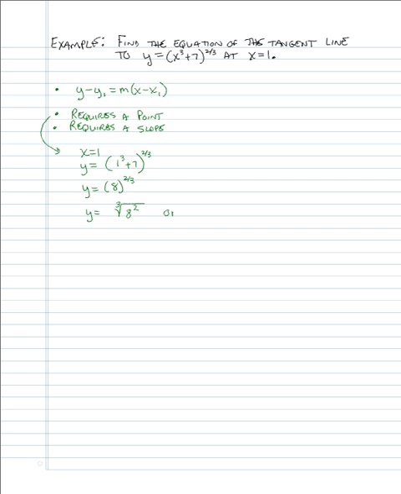An alternative way to write it is that we have a cube root of 8, and the exponent is on the cube root. Now, this actually is a little better way for us in this problem, because we can calculate that the cube root of 8 is 2. That's this cube root of 8, and we have an exponent of 2 on that, and so our y is actually 4. So the point that we need to use has an x value of 1 and a y value of 4. So we've got this part taken care of, don't we?